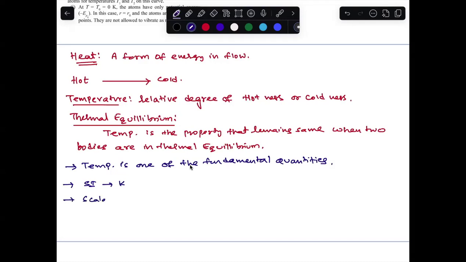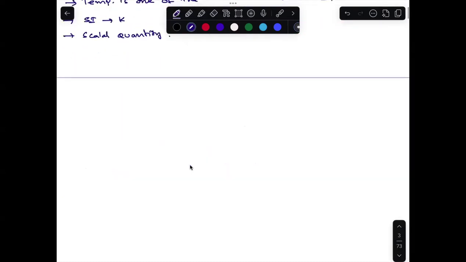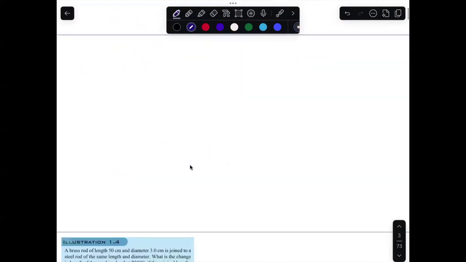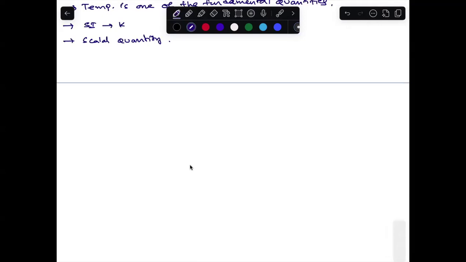Temperature is basically a scalar quantity. When you give heat to a body, its temperature rises. If a body loses heat, you will see a drop in the temperature. That's it. So for this purpose, we require some scales, scale of temperature. I repeat, scale of temperature.